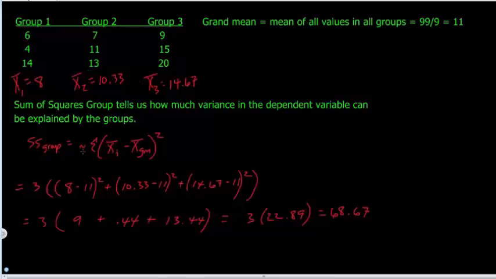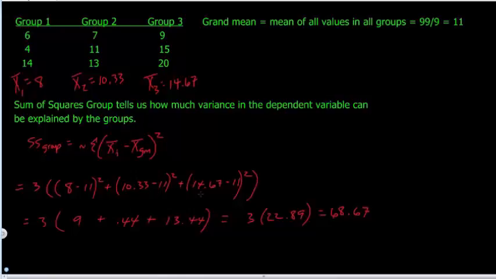Here's the formula. Forget this n for right now. It's the sum of the mean of each group minus grand mean squared. So the first one is 8 minus 11 squared, and that's right here. And then the second one is 10.33 minus 11 squared.